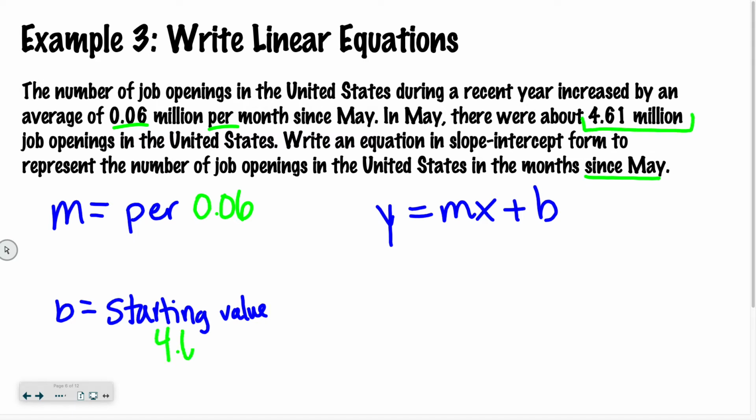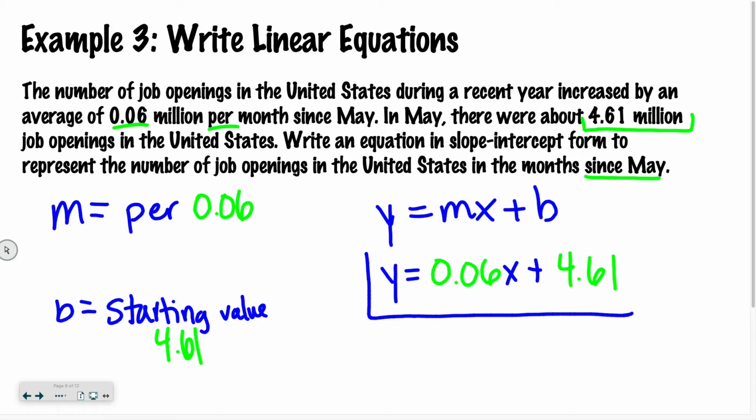So if we were to write the equation, we would say y equals 0.06x plus 4.61, okay? And that would be our final answer. We'd have y equals 0.06x plus 4.61.